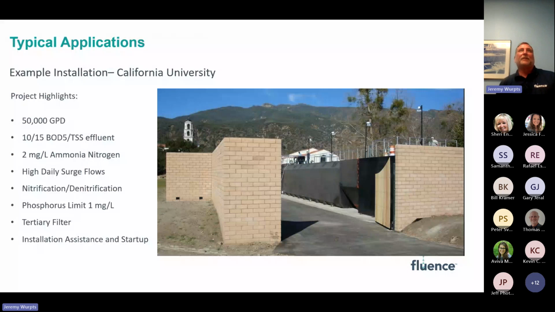An example of an installation is we installed a 50,000 gallon per day system at a university in California. In this application, we had to meet 10 and 15 BOD and TSS effluent along with a 2 milligram per liter nitrogen limit.